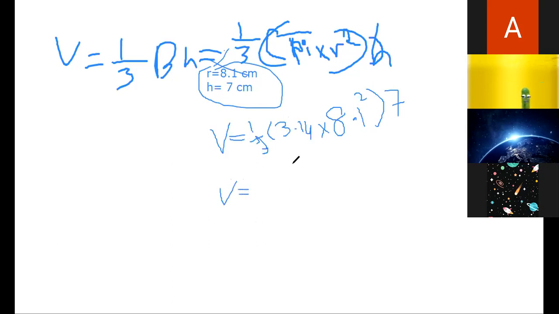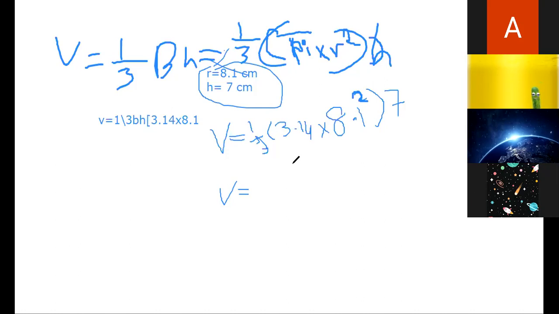Say the answer. First multiply all, then divide it by 3. 3.14 times 8.1 square. If you don't have square in the phone, then 8.1 times 8.1.